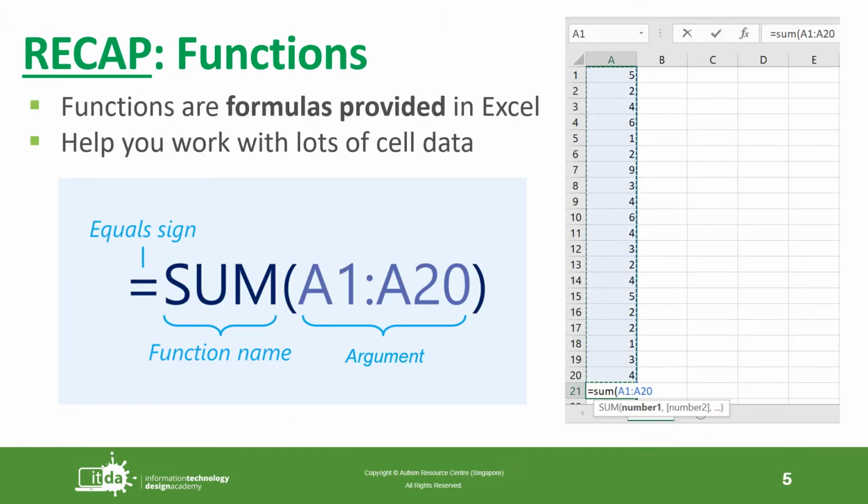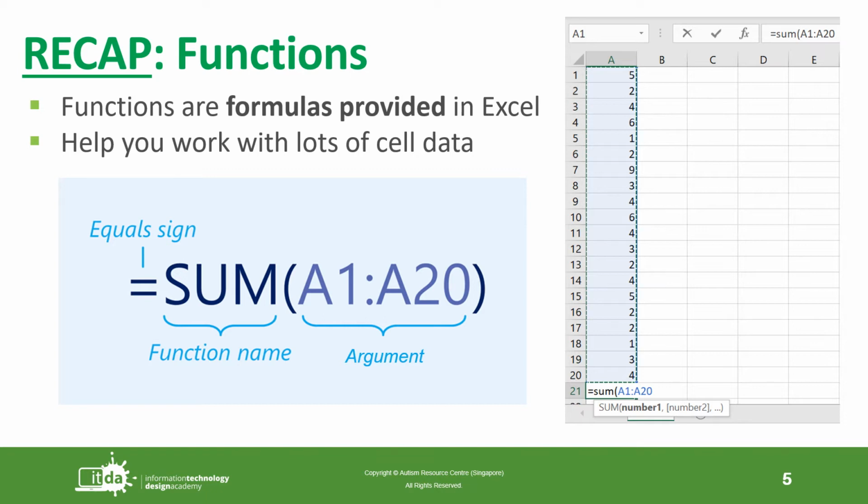Okay, so this is how you basically type out a formula. We also learned that in Excel, there are some special formulas called functions that allow you to work with lots and lots of data. This is an example of how a function looks. You start off by typing an equal sign, and then you add in the name of your function. It could be sum, count, maximum, or minimum. It really depends on what you use.